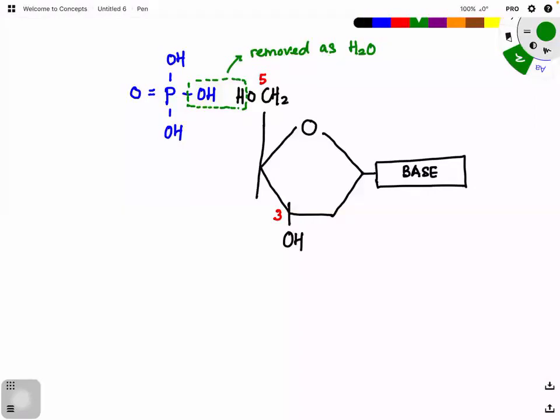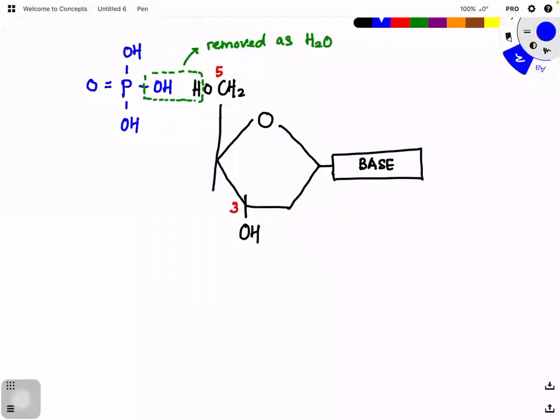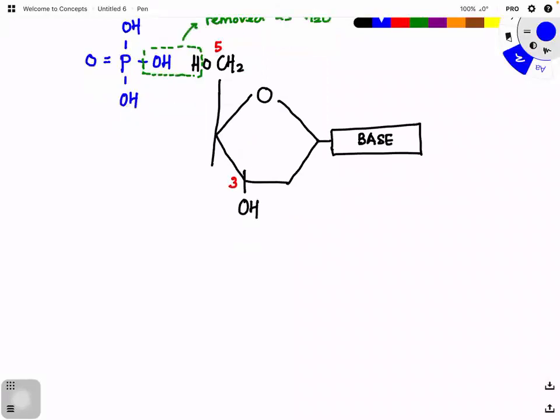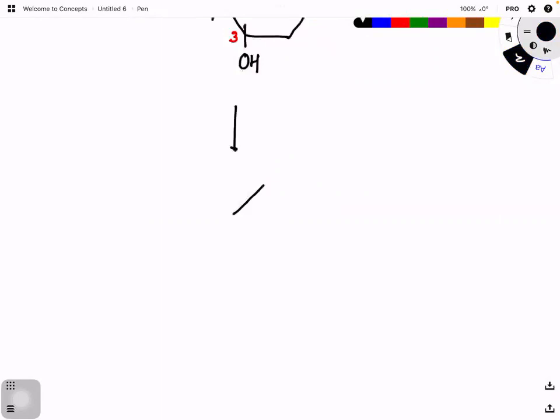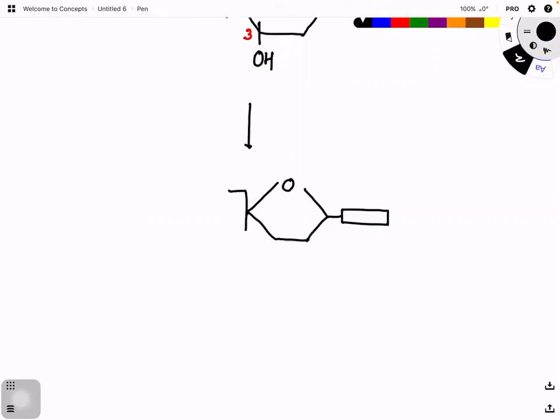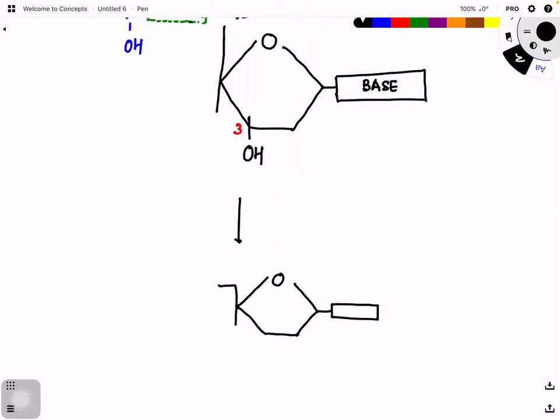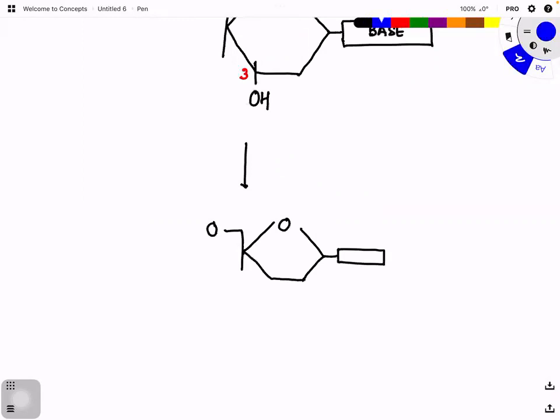Alcohol and acid form an ester bond. So what is the final product here? The final product you get, then we have the black color, and then the phosphate.